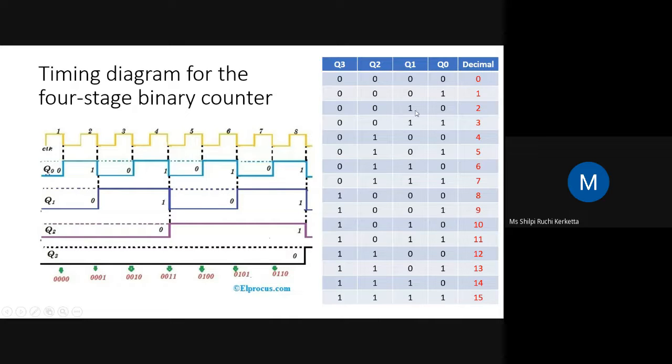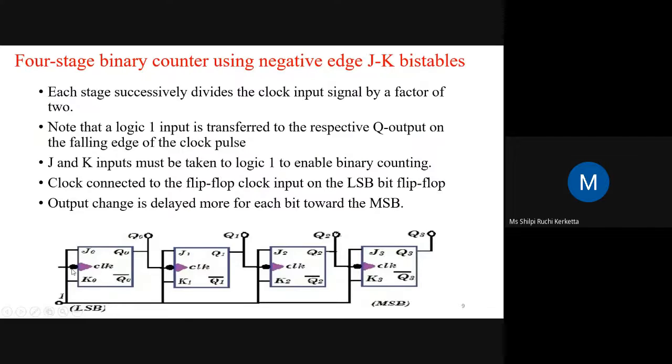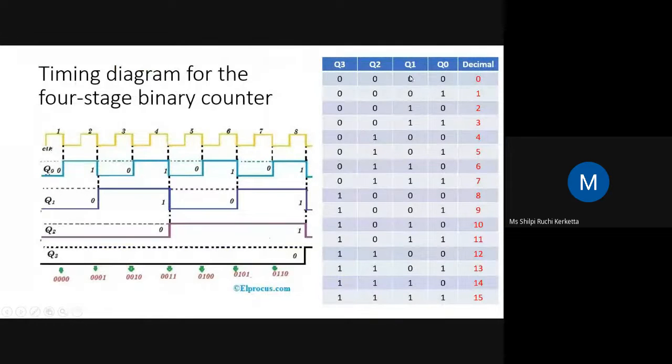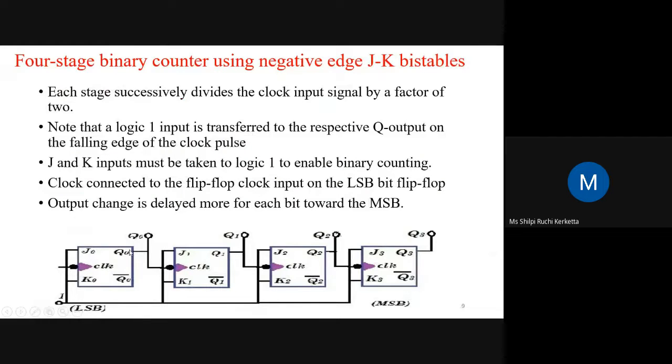So for this part we will initially use this clock. But it is only delayed by one. For this second flip flop, for this second number, it is delayed by 2. So what we have done is used the output of this as the clock for the next input. You can see in the circuit, the output from the first flip flop we have used as a clock.